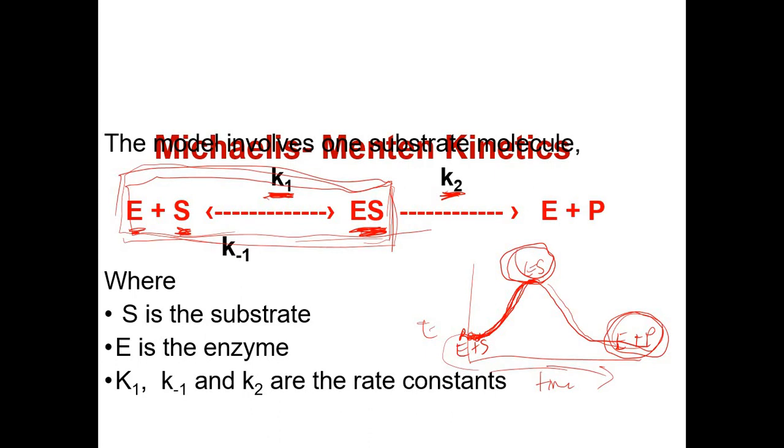This is what Michaelis-Menten used in explaining the mechanism as to how the kinetics of an enzyme catalyzed reaction occurs. S is the substrate, E is the enzyme. These three are called the rate constants.